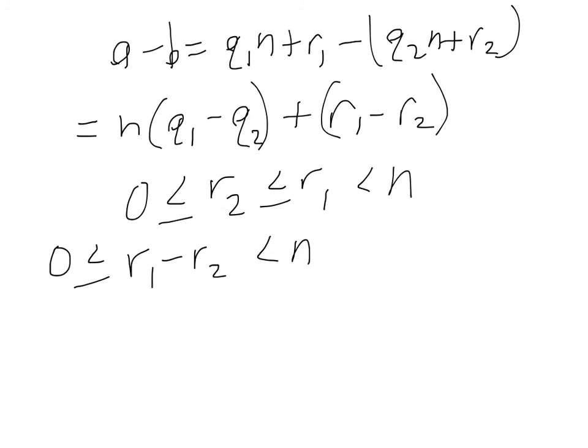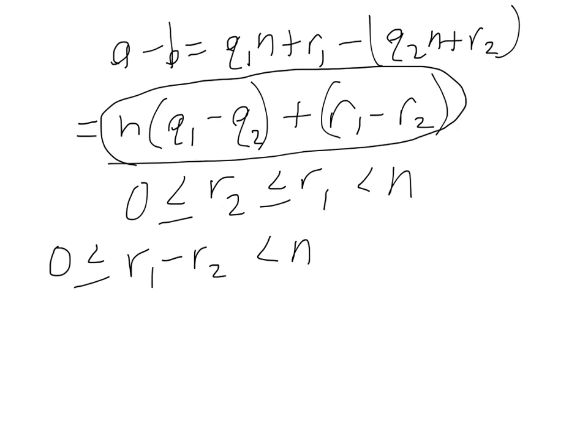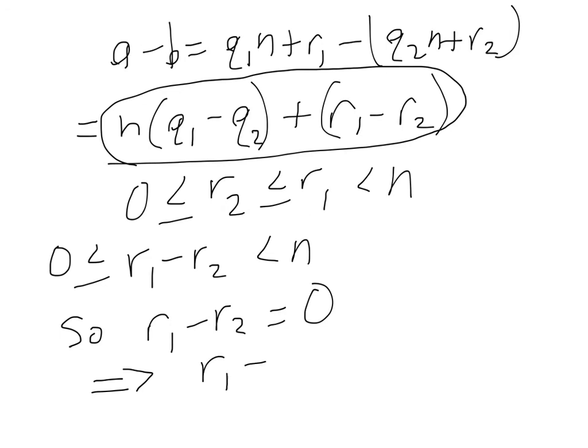So this means that in order for n to divide this entire thing, r1 minus r2 is going to need to be 0. So since r1 minus r2 equals 0, this implies that r1 equals r2.